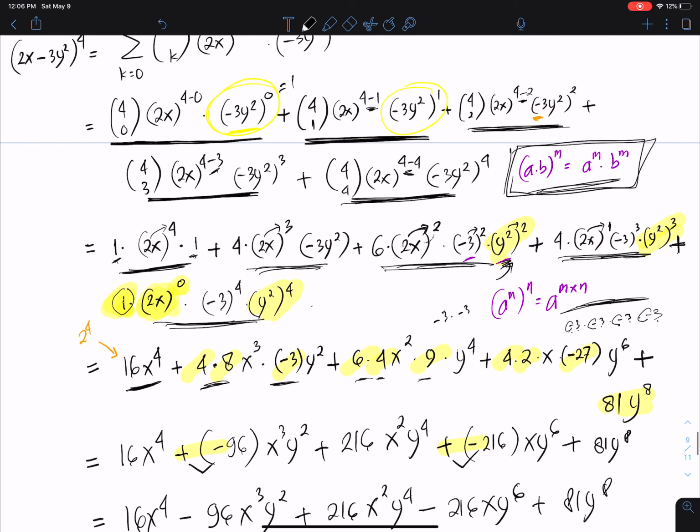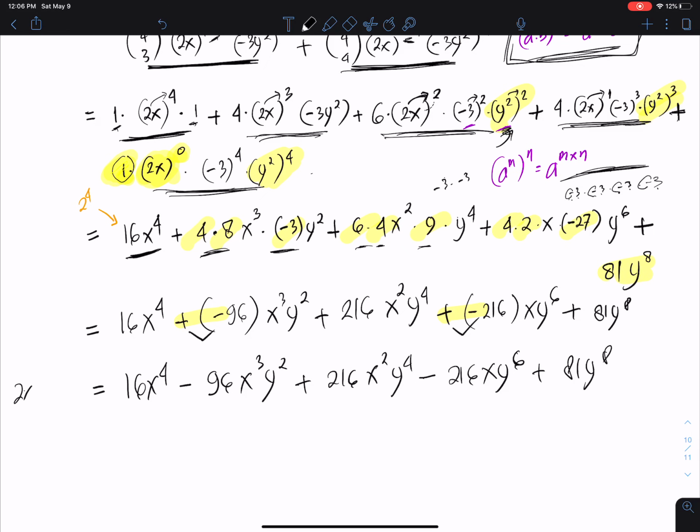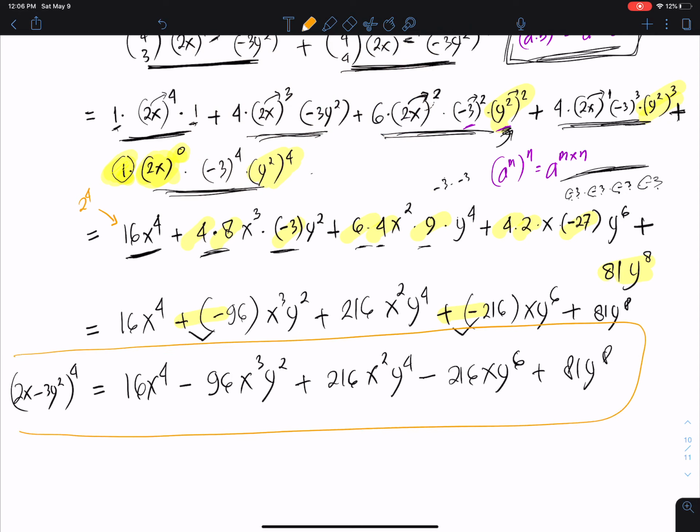So this is it, the expansion of (2x minus 3y) to the power of 4. Got it? Okay, so this is the final answer.